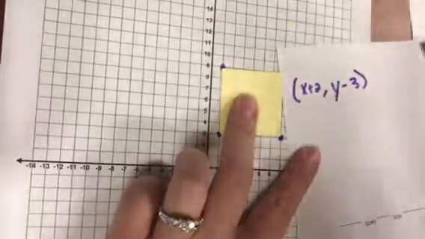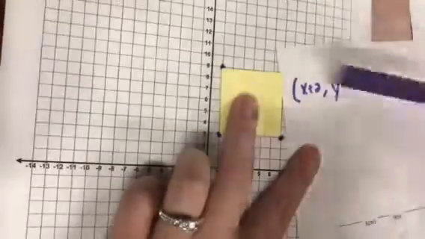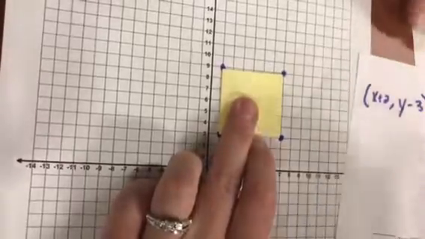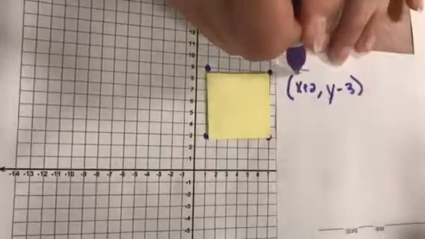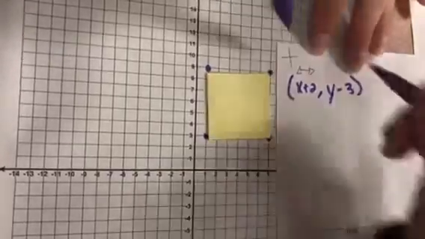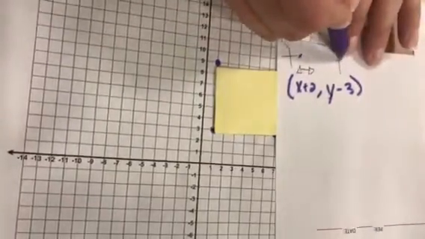That means, X always moves left and right, because on a coordinate grid this is your X and this is your Y, so Y moves up and down.